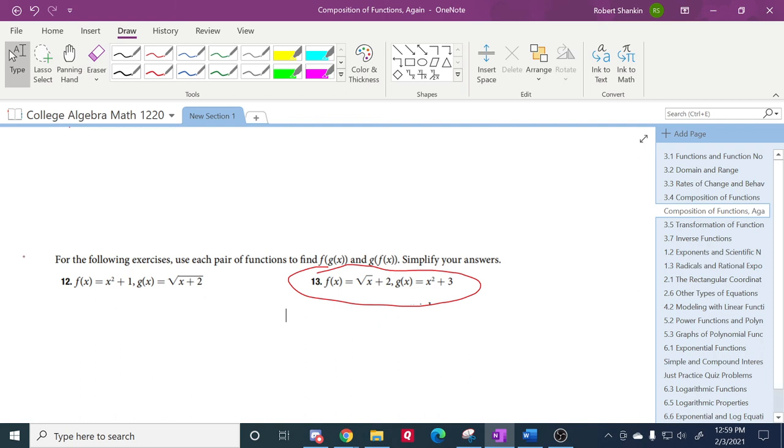Alright, let me put this down. F of g of x: do the inner one, x squared plus 3. F of anything is the square root of that thing.